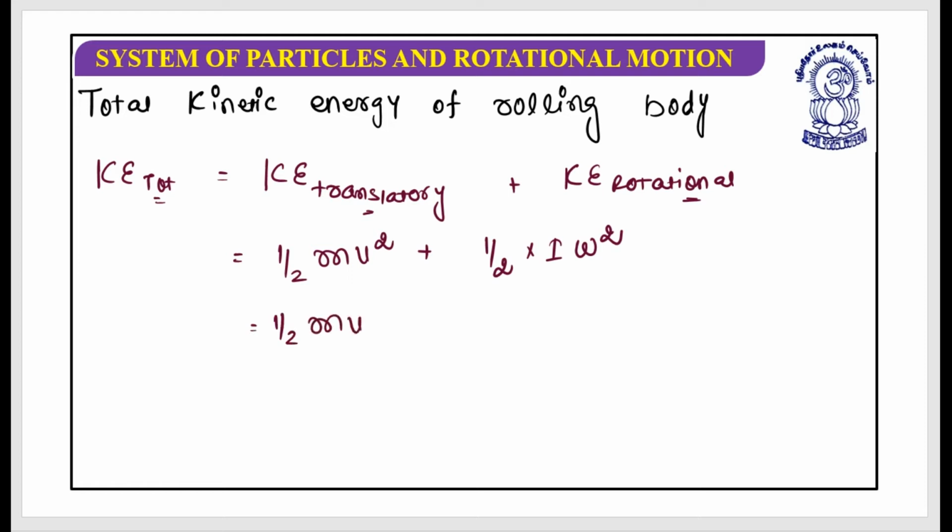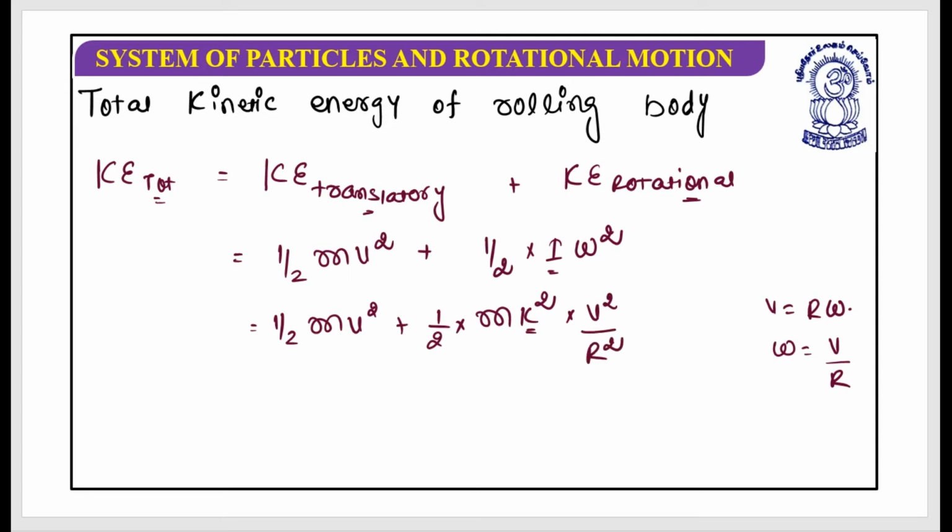It's half mv square plus half into, as we have discussed, the moment of inertia written as m k square. Yes, k is the radius of gyration. And omega can be replaced, as we have the relation v equals r omega, with v by r. So this becomes v square by r square.